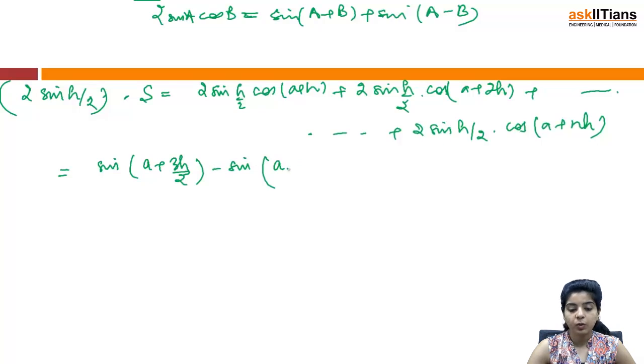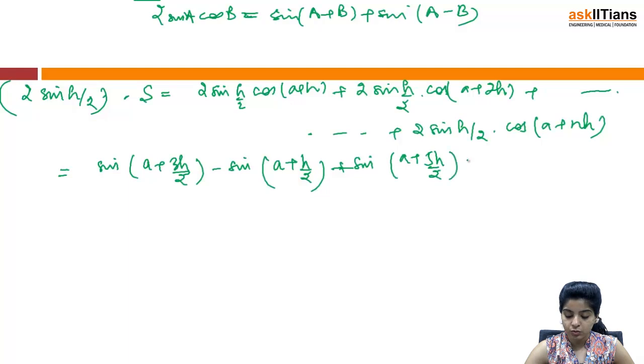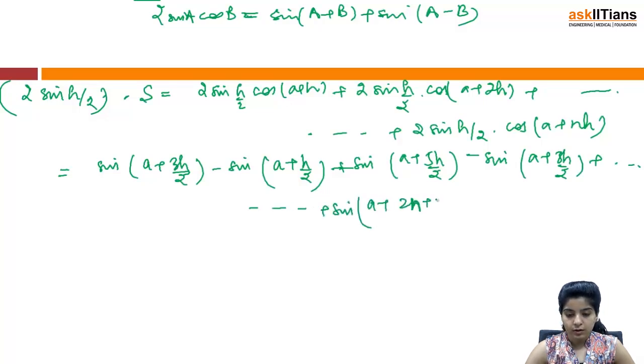I'll take the minus sign common, so I have a plus h by 2. Plus again I'll apply the same formula in each and every term, and I get sin of a plus 5h by 2 minus sin of a plus 3h by 2, plus so on, the last term would be sin of a plus (2n plus 1)h by 2 minus sin of a plus (2n minus 1)h by 2.